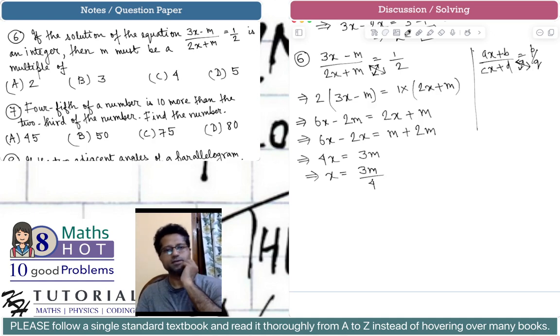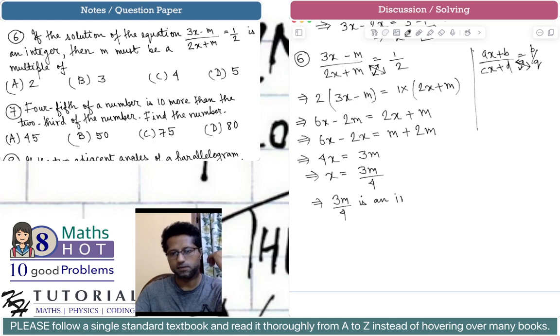Now the problem is saying that the solution is an integer. So x must be an integer. So this implies 3m by 4 is an integer. Now if 3m by 4 has to be an integer, then definitely m has to be a multiple of 4, because only then the 4 will get cancelled out.